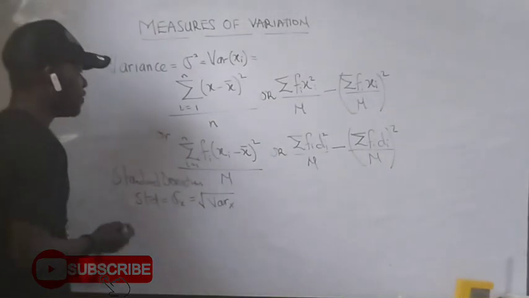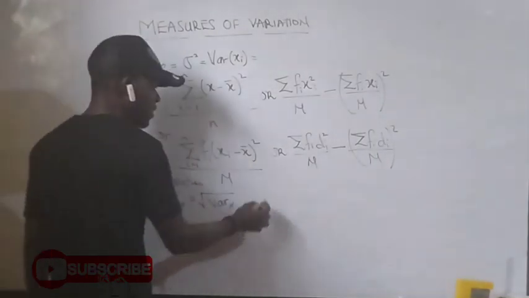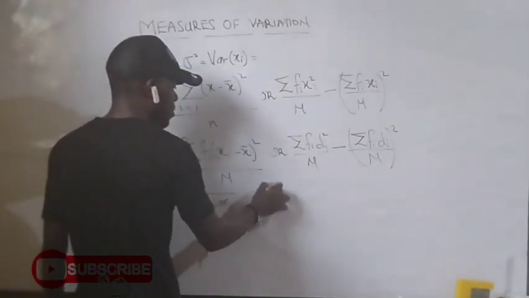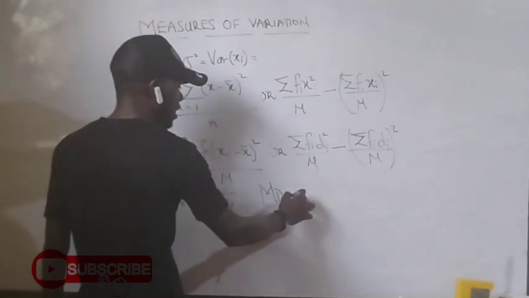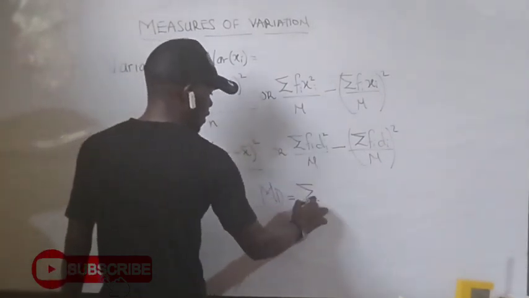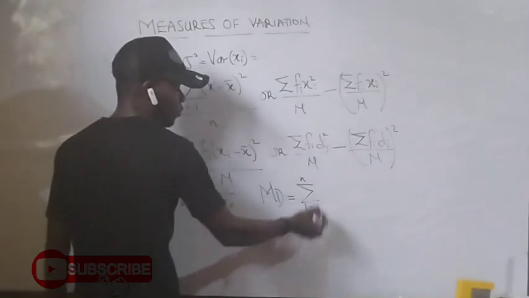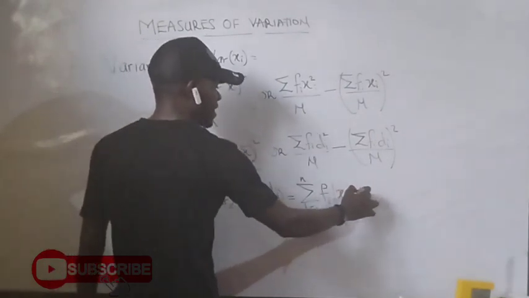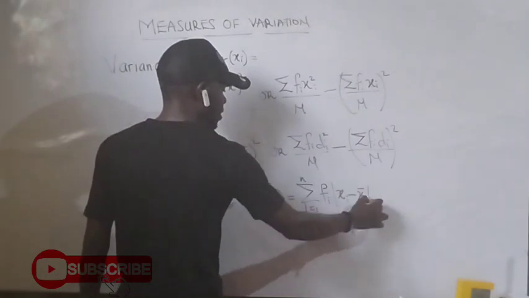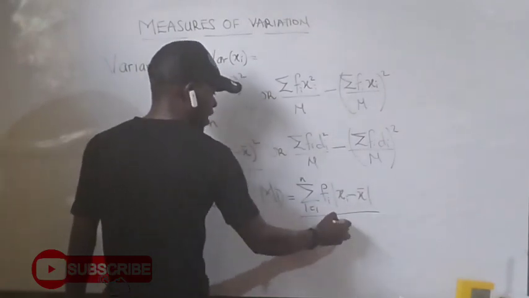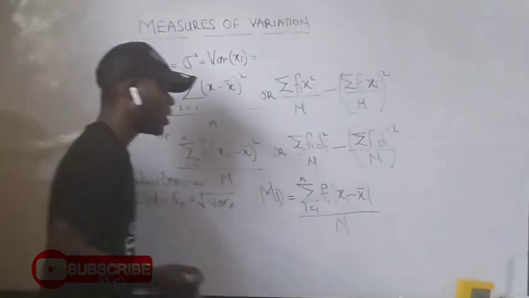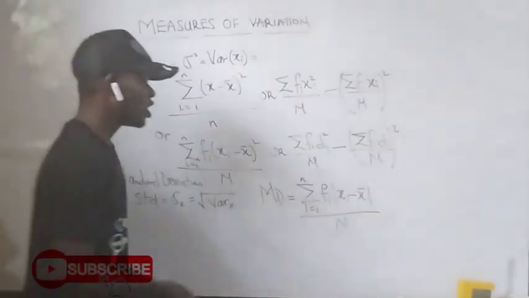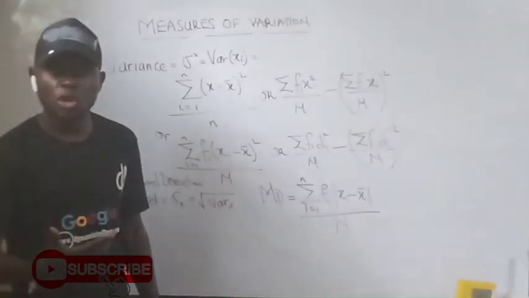Now, for mean deviation, it could be a different ball game. Your mean deviation, let me say MD, is equal to the summation of i from 1 to n of fi with a modulus of xi minus x bar, all over your capital N involving frequency. Now, it's not brackets, it's modulus, so we're doing the modulus function here.